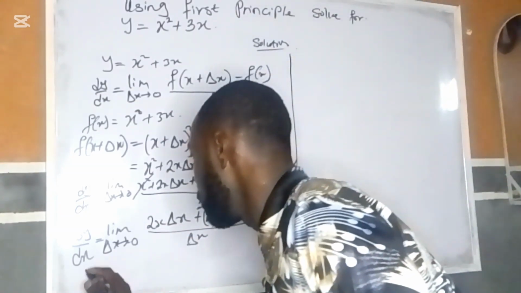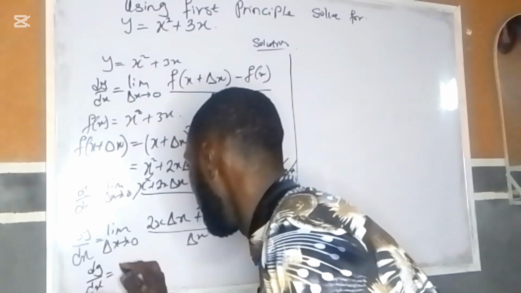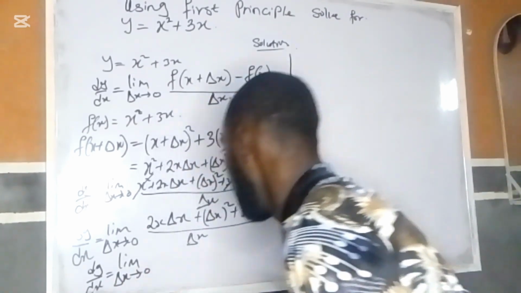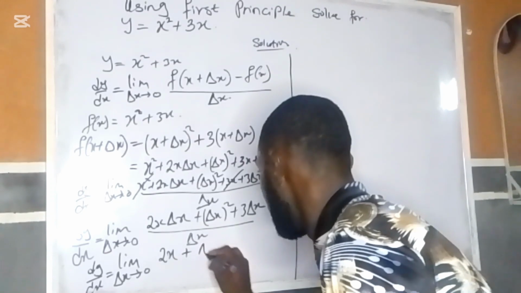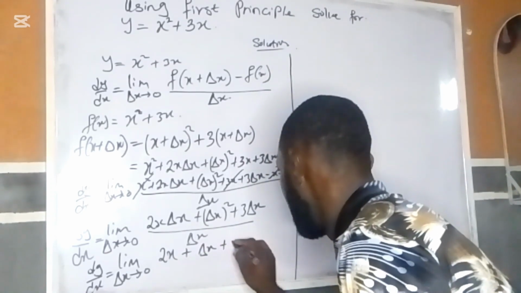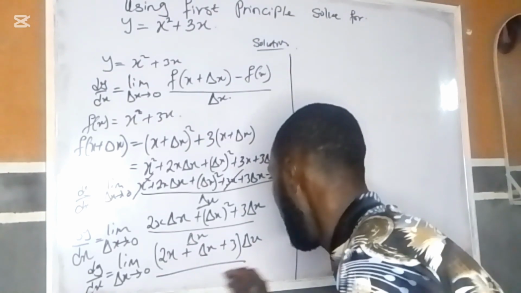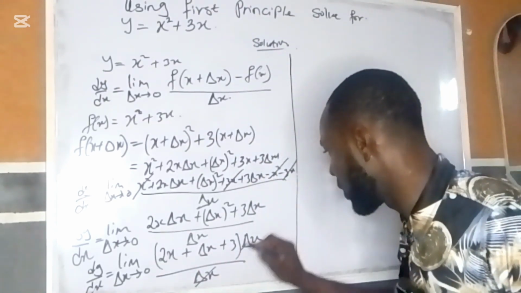So we have dy dx is equals to the limit as change in x approaches 0 of 2x plus change in x plus 3, all in bracket, times change in x, all over change in x. So now clearly you can see change in x will go.